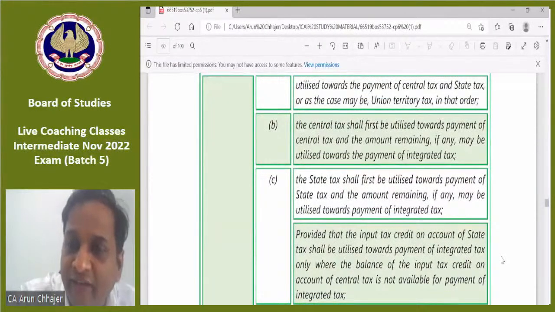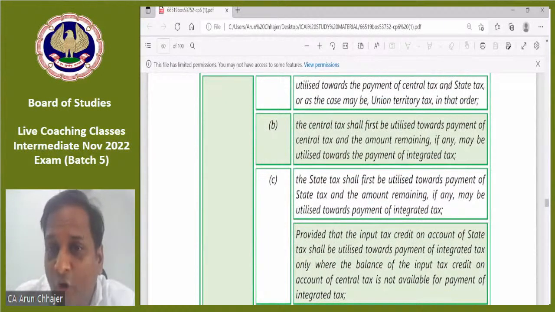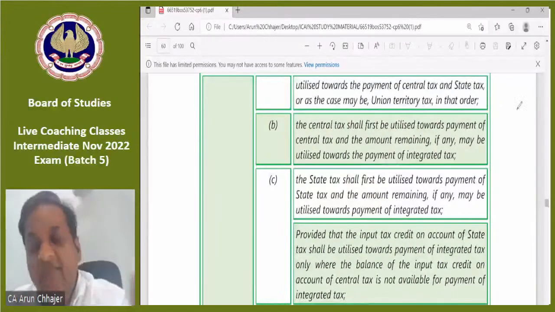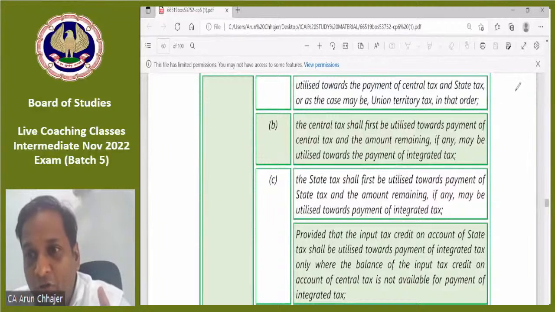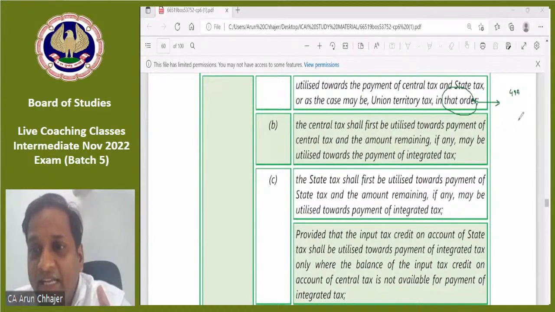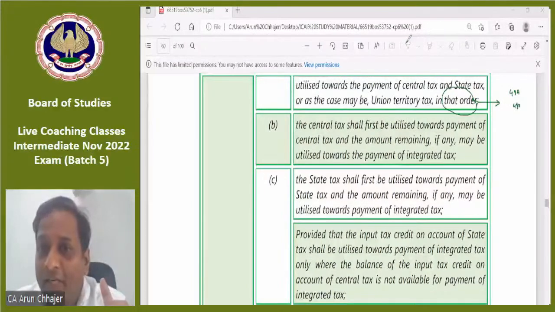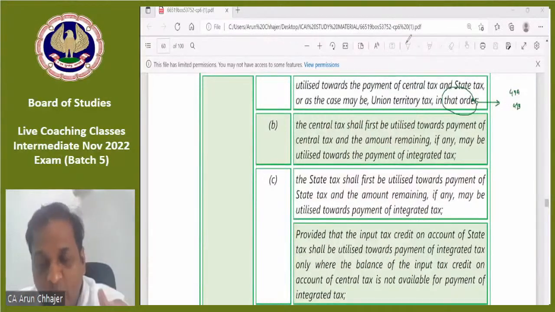See, my dear friends, this "in that order" has been changed. How it is being changed, we will discuss. Here we are going to discuss 49A, 49B, 88A, etc. But now, what is the sequence? What is the preference? What is the order? We will discuss.